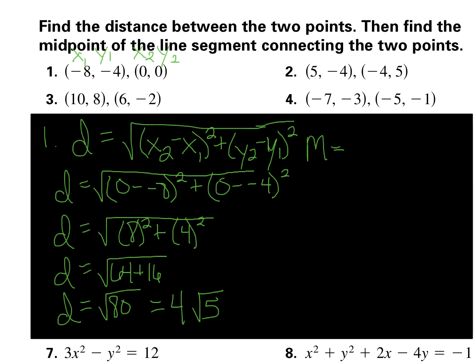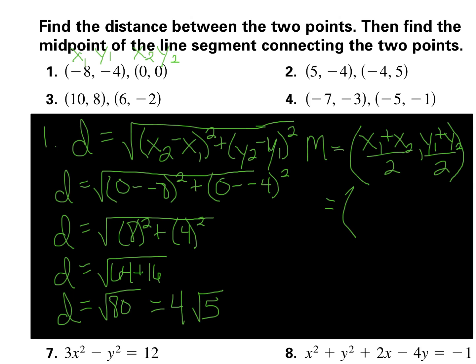okay, midpoint is found using the formula x1 plus x2 over 2, comma, y1 plus y2 over 2. Basically, you're finding the mean of the x values and the mean of the y values to find your midpoint.